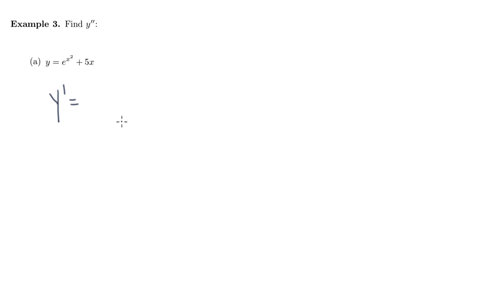Now that's a composition of functions. So if we think about this as being e to the u, where u is x squared, then the derivative is going to be just e to the u, so e to the x squared, times the derivative of x squared, which is 2x.